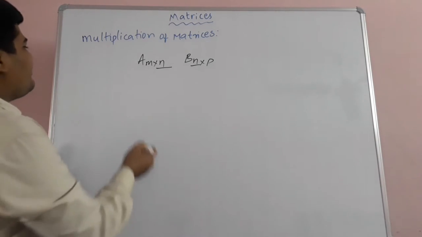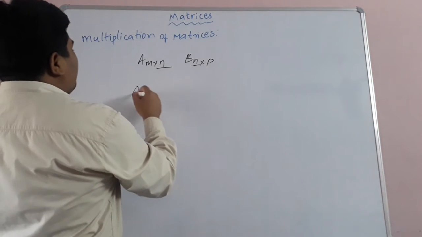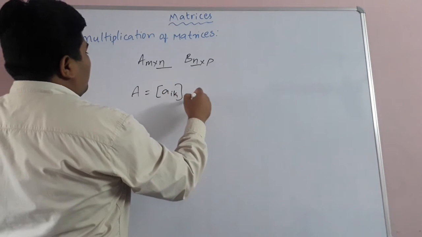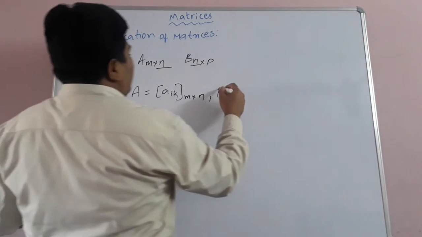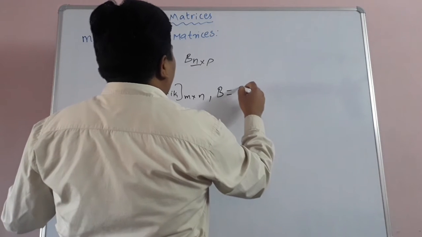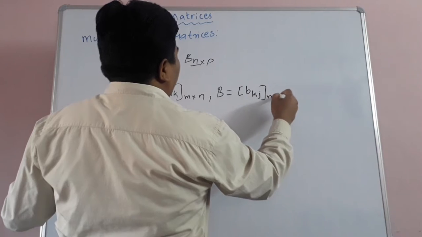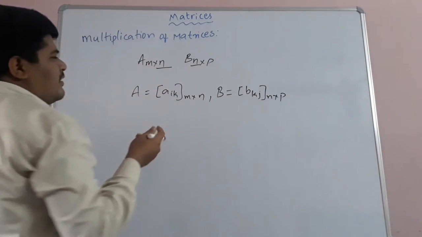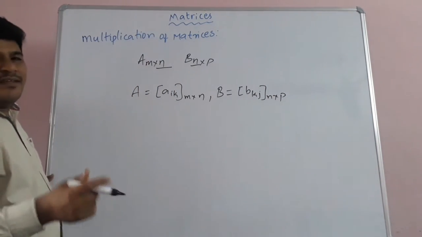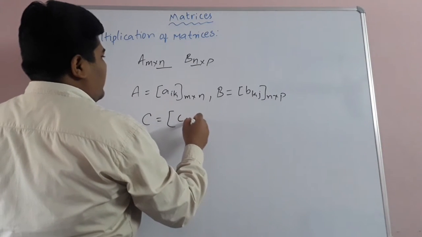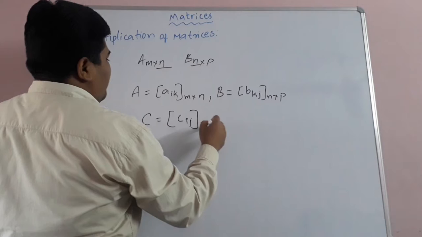Suppose children, one matrix A is equal to Aik of order m by n, and B is another matrix Bkj of order n by p. Then for these two matrices, C is equal to Cij of order m by p.